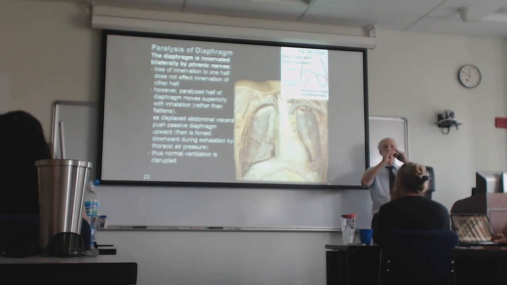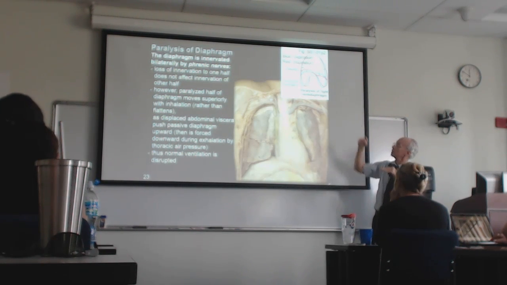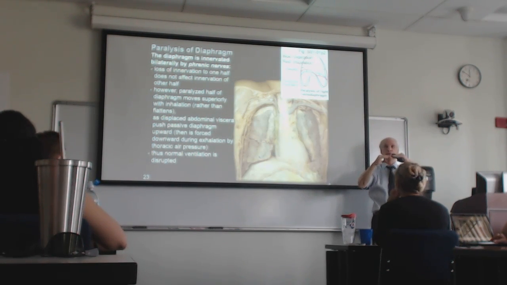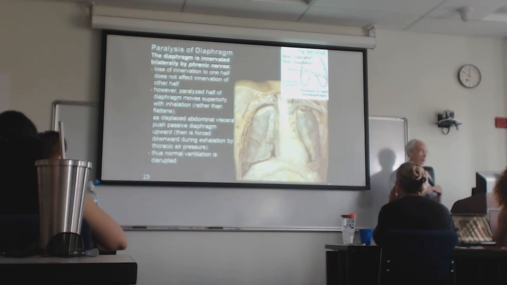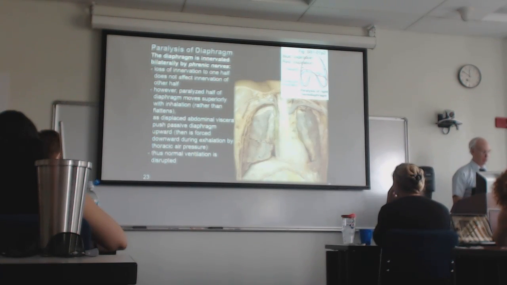But if one side is able to contract and the other side is not, as one side contracts, the air is going to be pushed down on the other side. And so as one side is going up, the other side is even going farther down if it can't contract. And thus you get something like what you see in the top right there. You get significant impairment of breathing or respiration on one side.